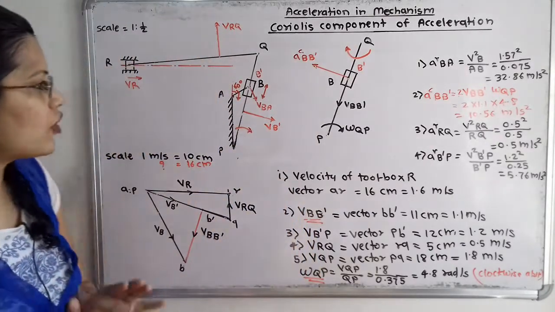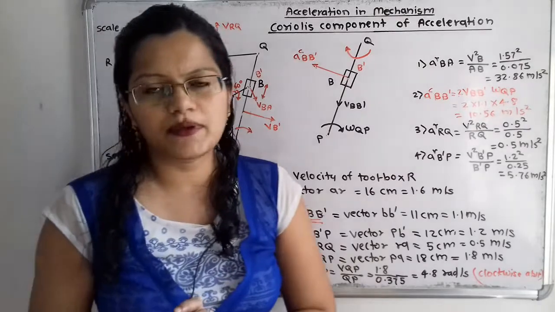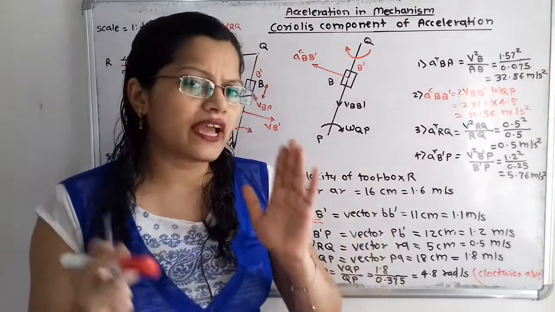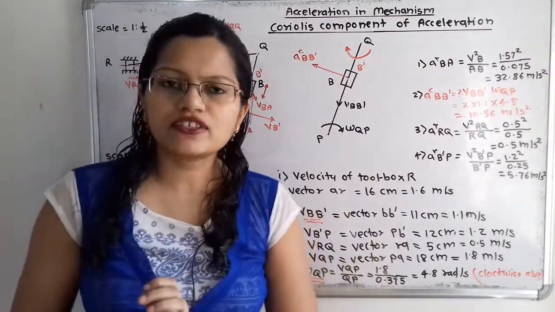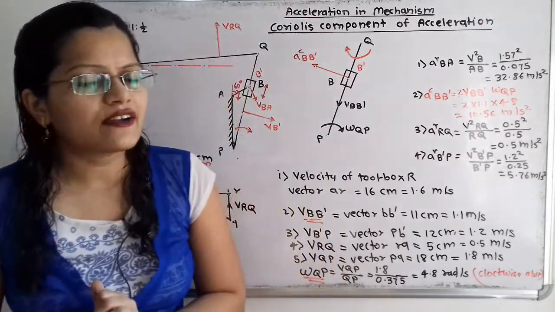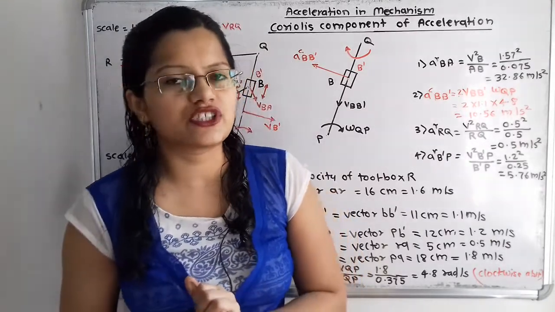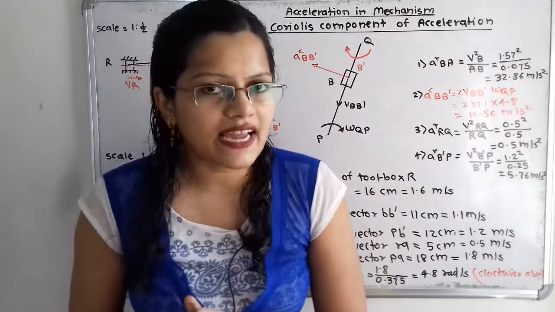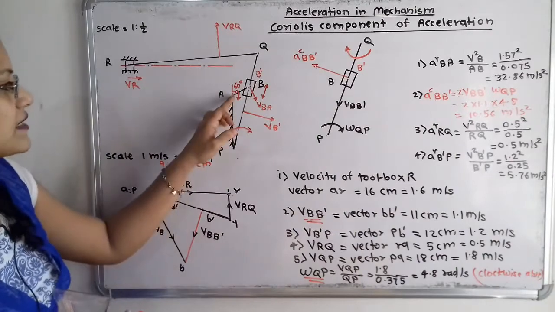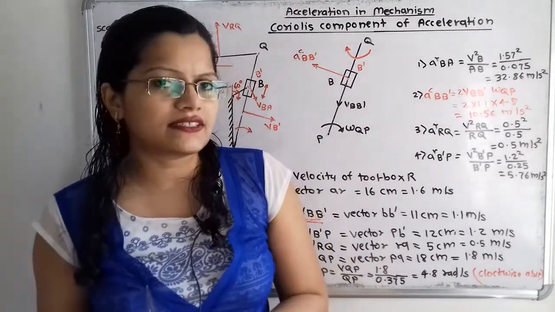Now if we observe, the crank AB is rotating at constant speed. In this question, angular acceleration alpha is not given, so we will consider the crank AB rotating at constant speed. So the tangential component of acceleration will become 0, and that is why the radial component of acceleration for this crank AB will become the total acceleration.